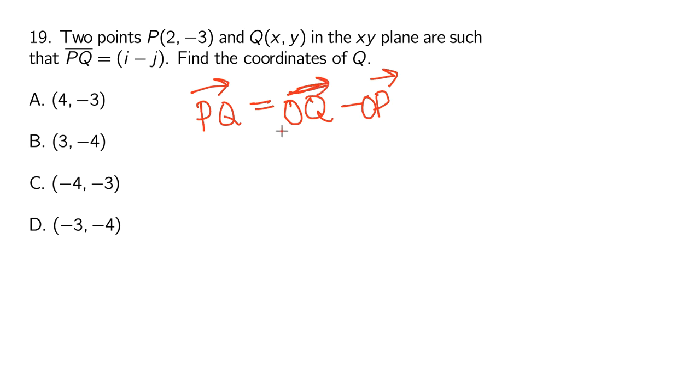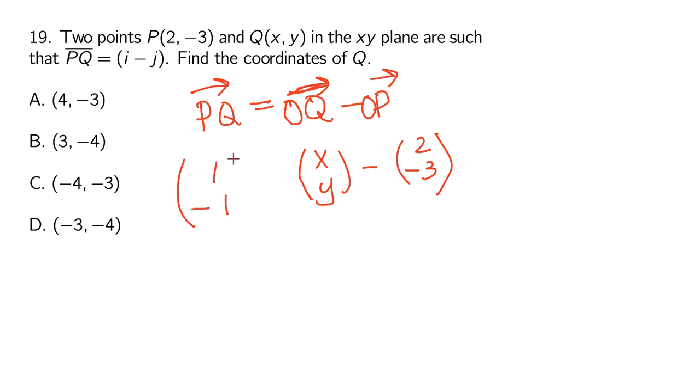You get this by just writing the coordinates of Q, which in this case is (X, Y), and then the coordinates of P, which is (2, -3), and then PQ they said is i minus j, which is just (1, -1). So from here, we can compare the X components, which give us 1 equals X minus 2.